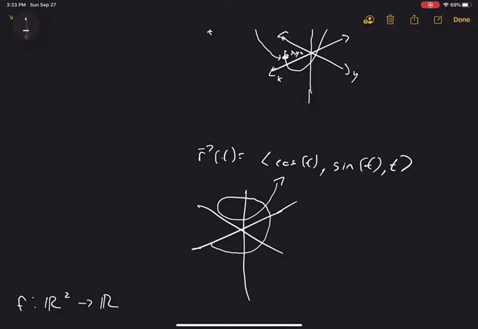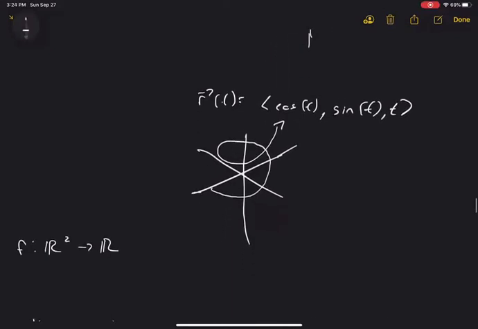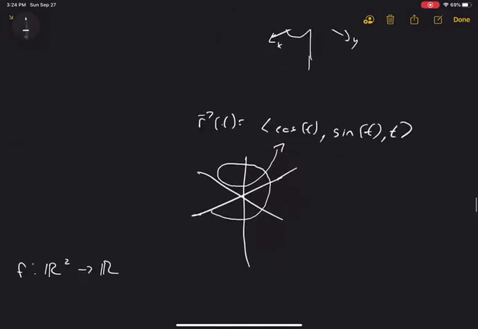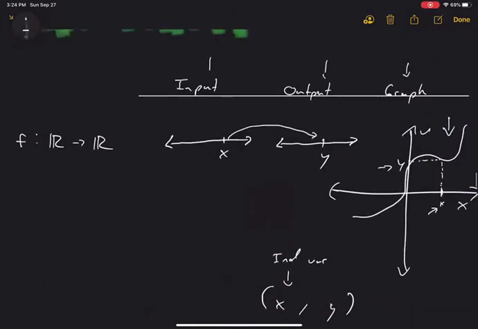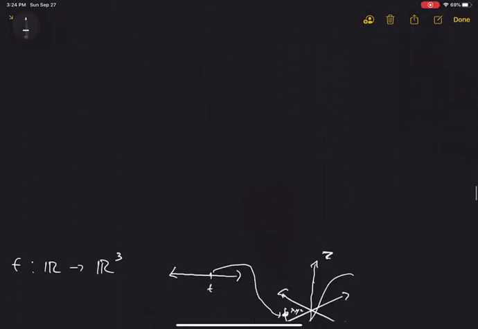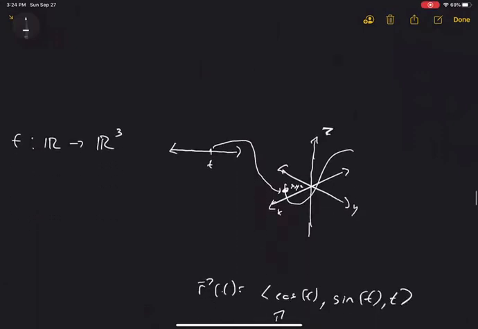But really what you were doing was just drawing the outputs. This is all outputs, not inputs and outputs. If we wanted to draw inputs with outputs, like here where we had one-dimensional input, one-dimensional output, and a two-dimensional graph, then for a one-dimensional input and a three-dimensional output, we'd need a four-dimensional graph.